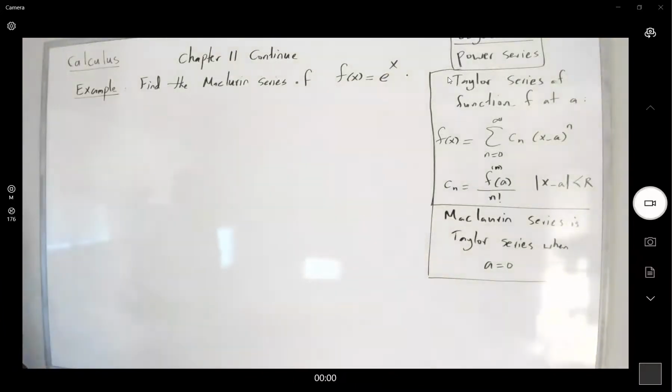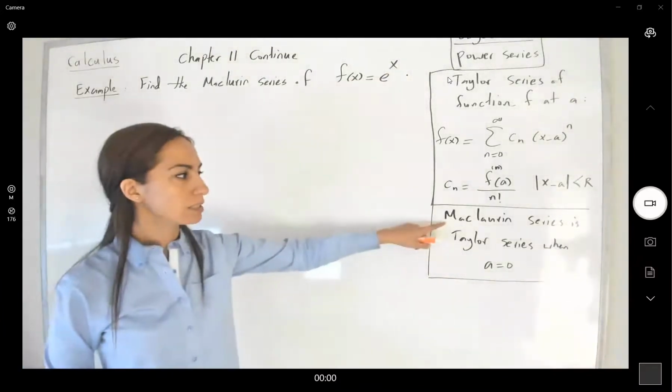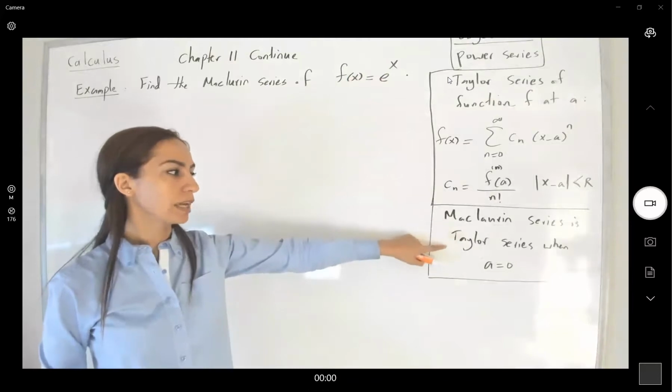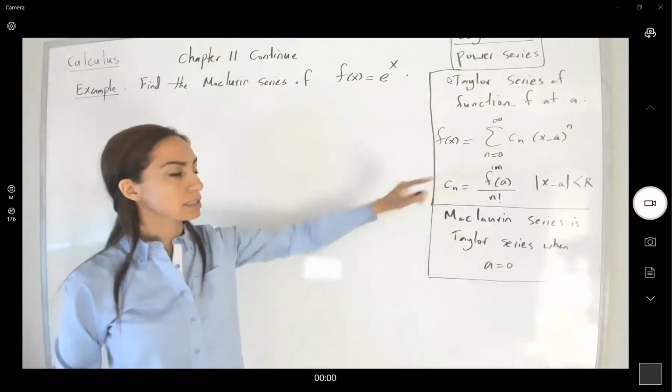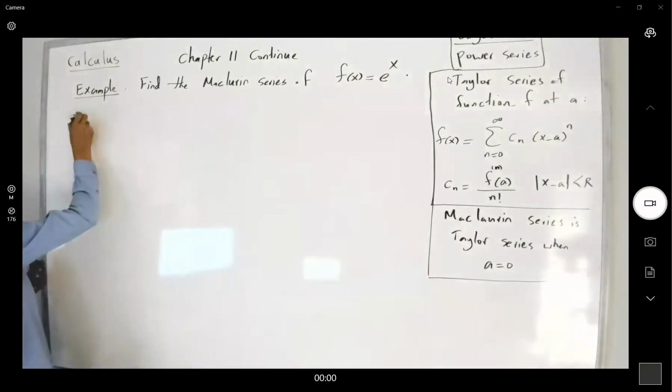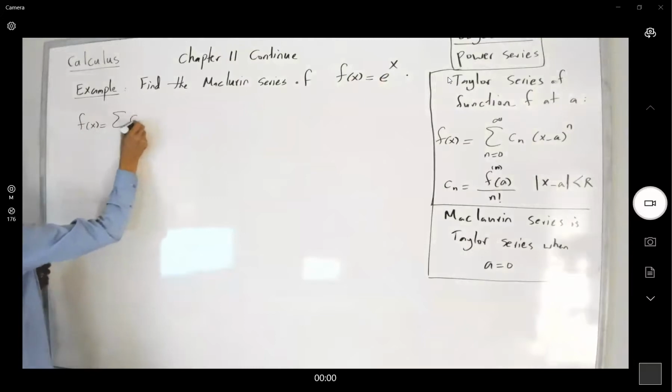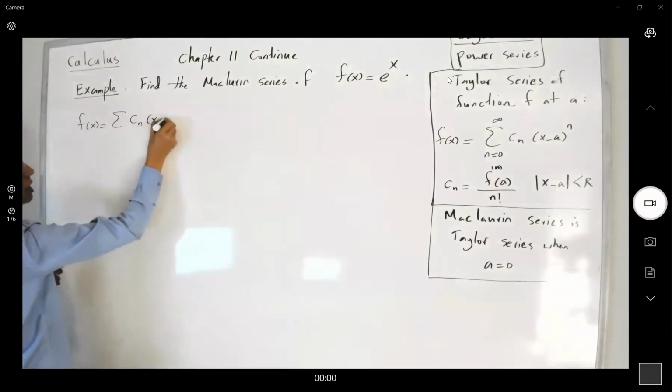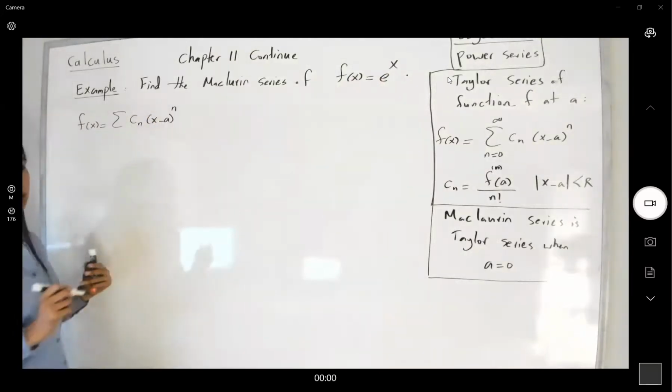Okay. We know Maclaurin series is nothing but Taylor series when a is equal to 0. So what do we have? We have f of x equals the sum of c sub n times (x minus a) to the power n.